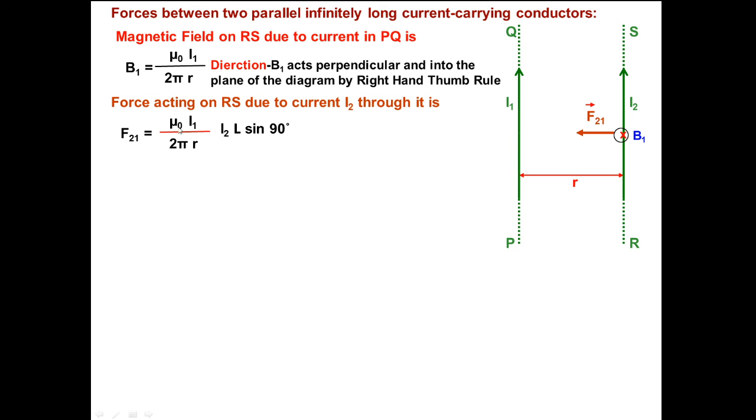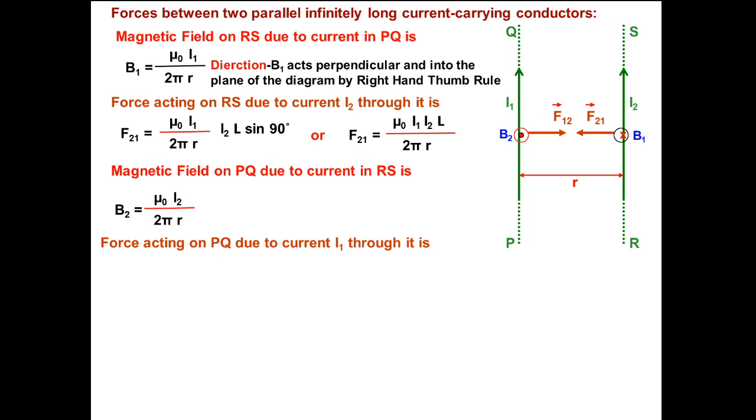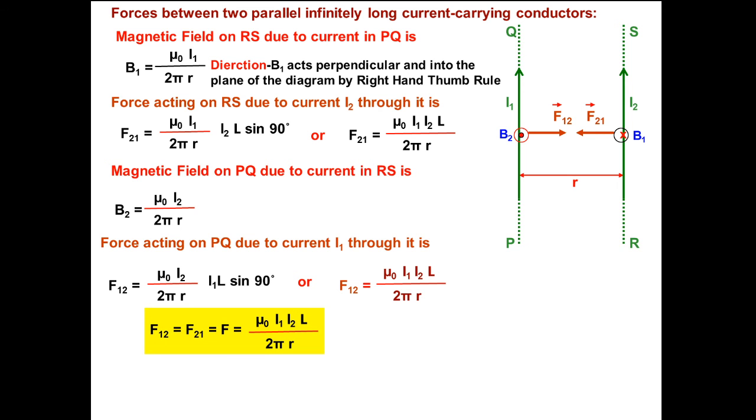So F21 equal to mu naught I1 by 2 pi r into I2 L sin 90 degrees, or F21 equal to mu naught I1 I2 L by 2 pi r. Now similarly, for the magnetic field on PQ due to current in RS, F12 equal to mu naught I1 I2 L by 2 pi r.